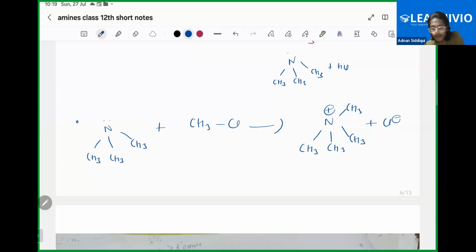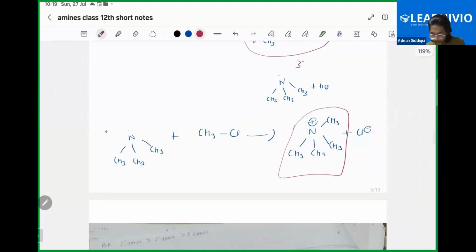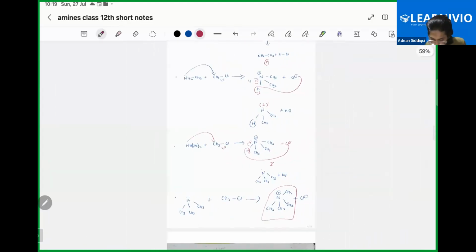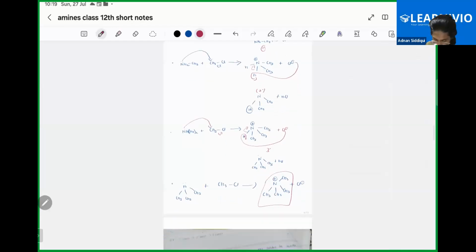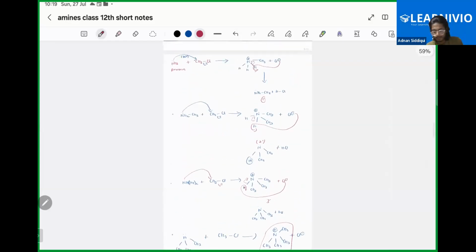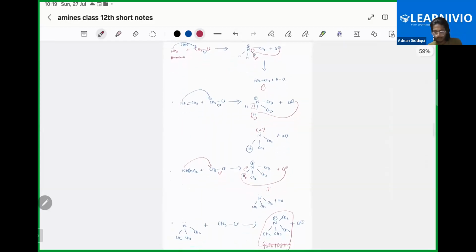Now the question is, why after making this compound it is not going to proceed any further? Try to see it carefully and tell me why we have to stop our reaction at this quaternary ammonium salt.